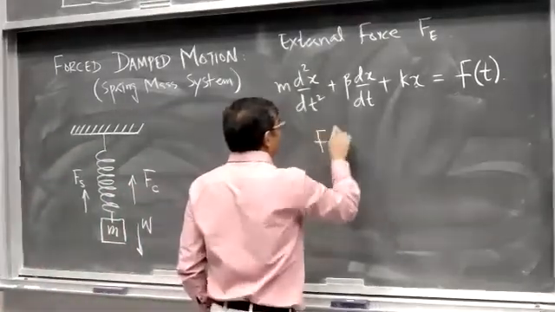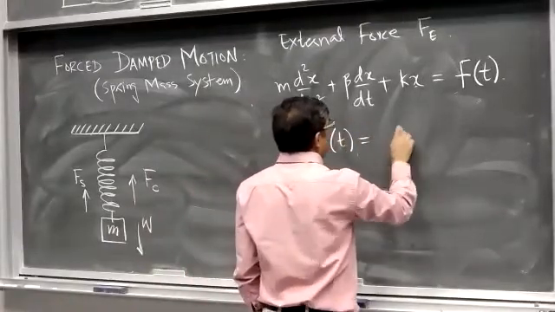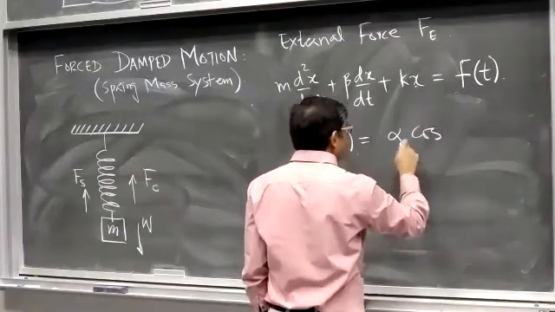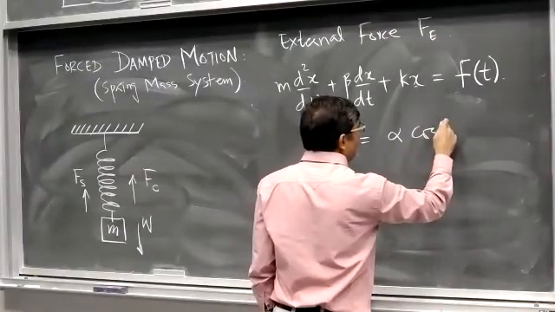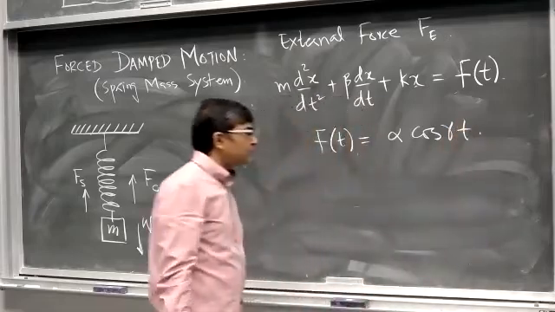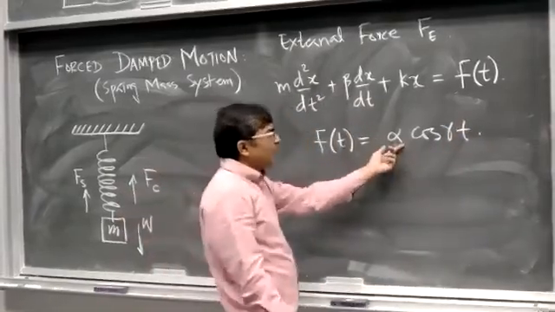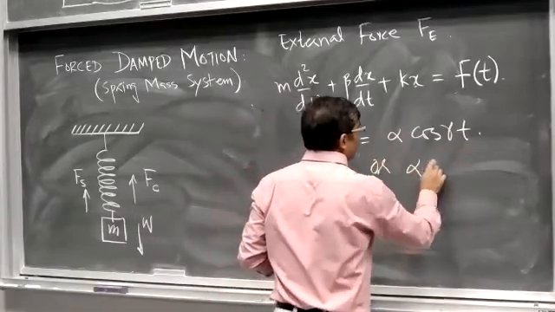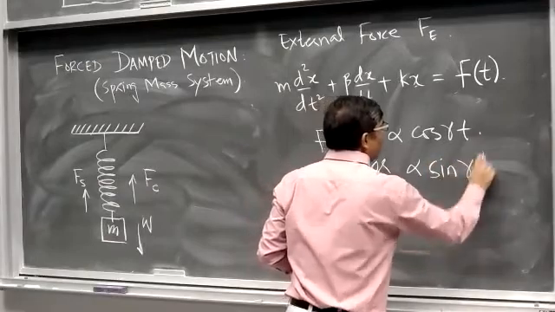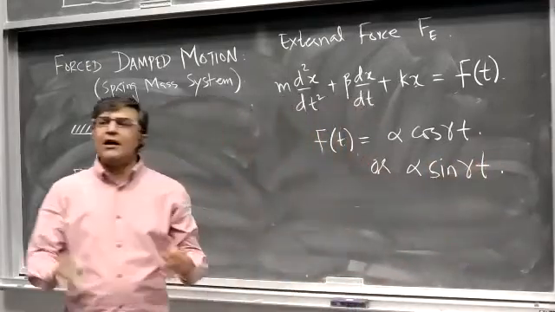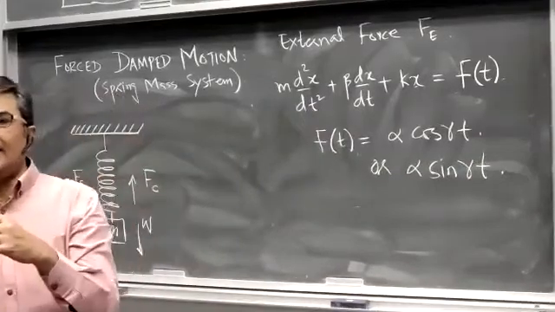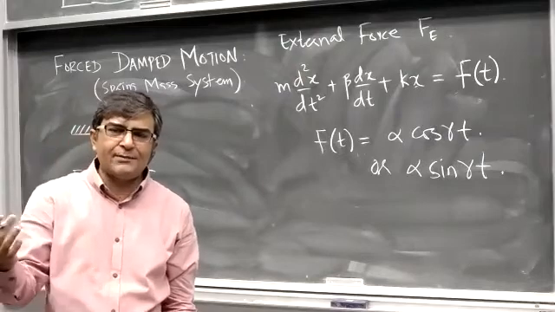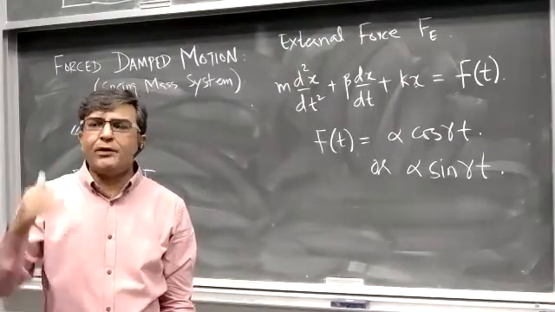Usually this force F of t is some constant times cosine of gamma t, or some constant times sine of gamma t, because that support is moving upward and downward and obeys periodic motion.